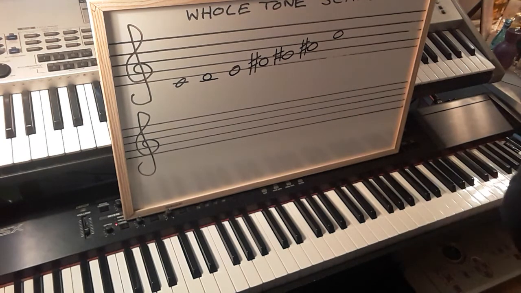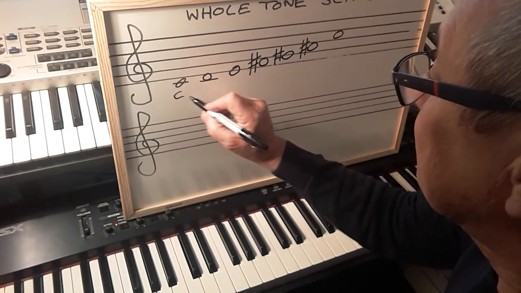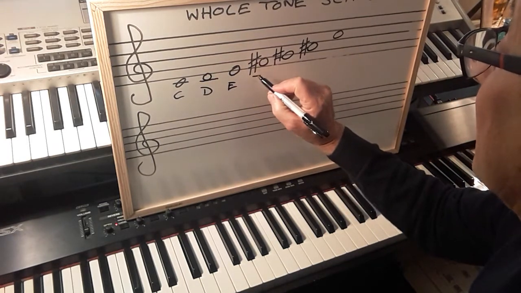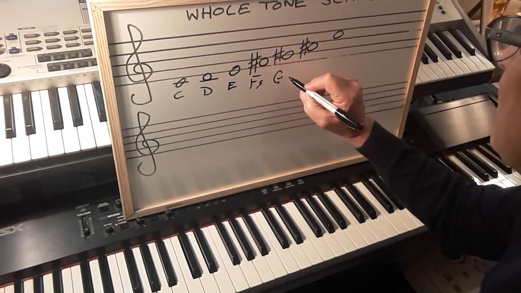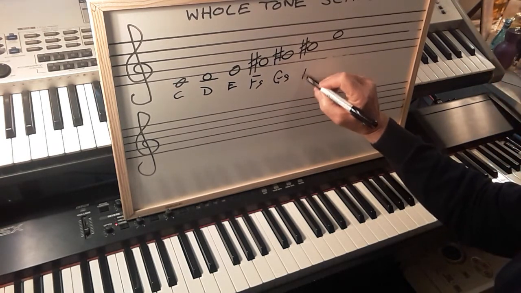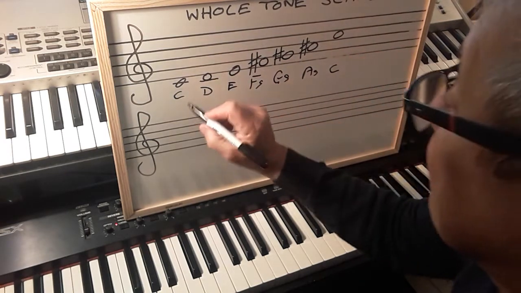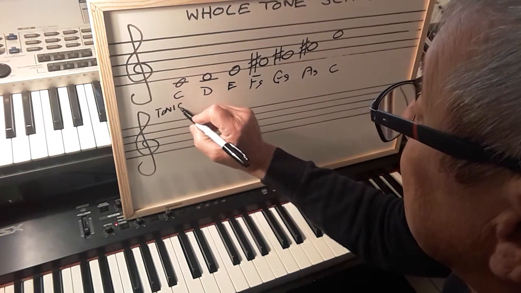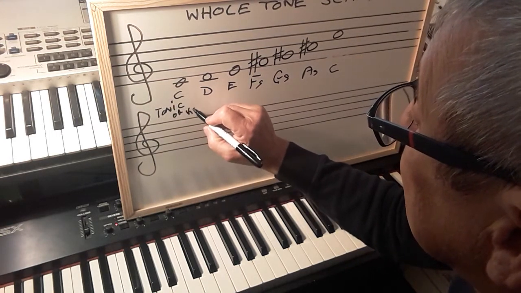Okay, so right, we've got C, we've got D, E, we've got F, I'll put the S for sharp, G sharp, A sharp and C. Now that C is the tonic, or keynote.